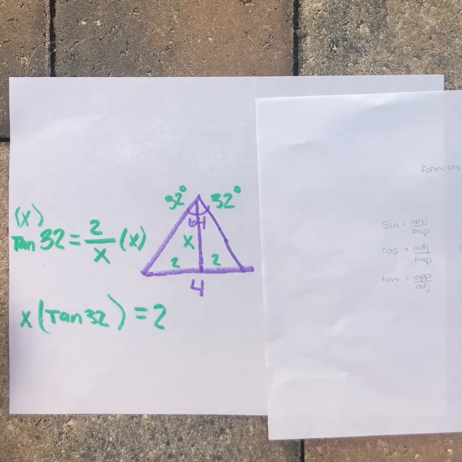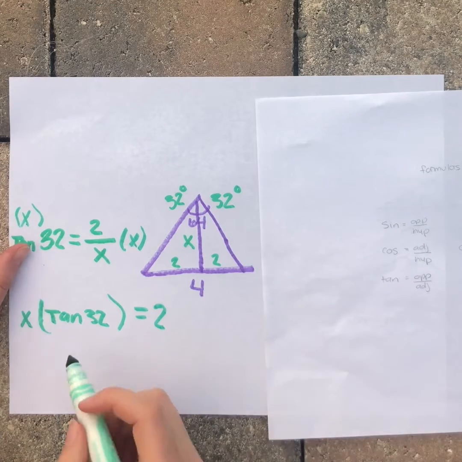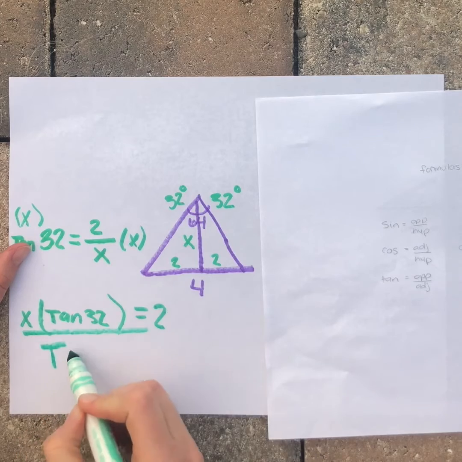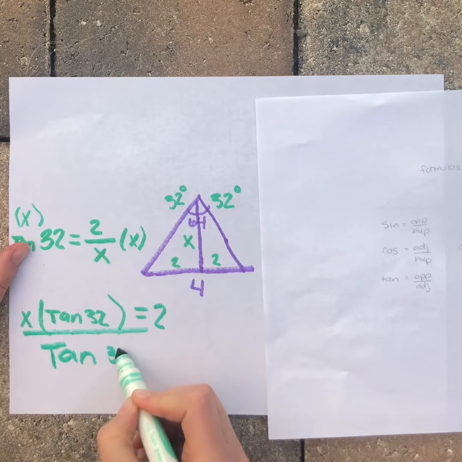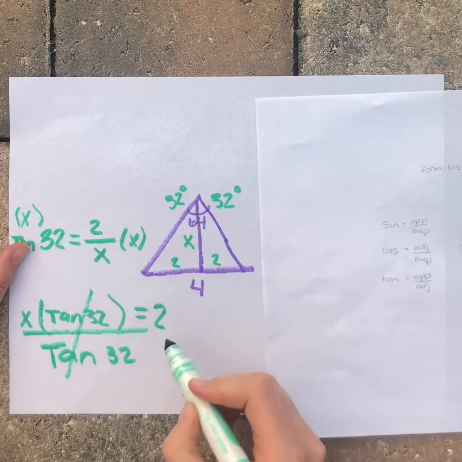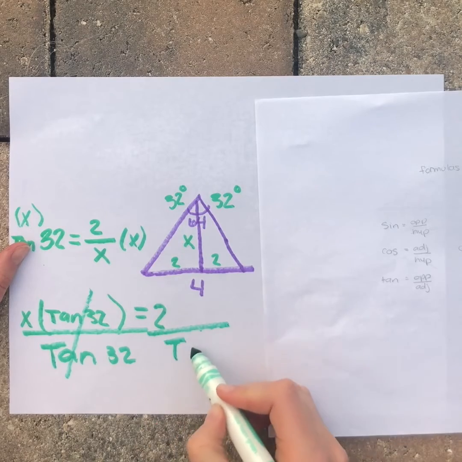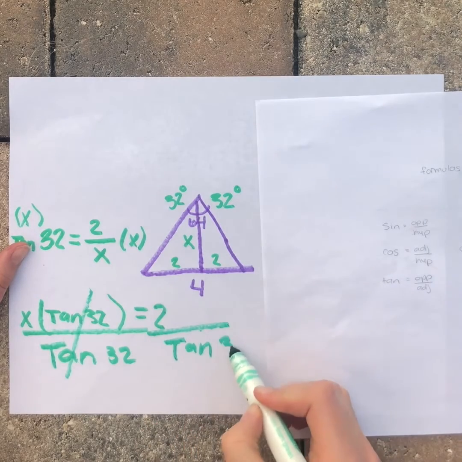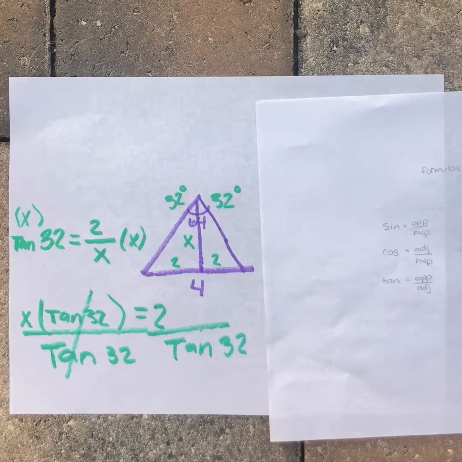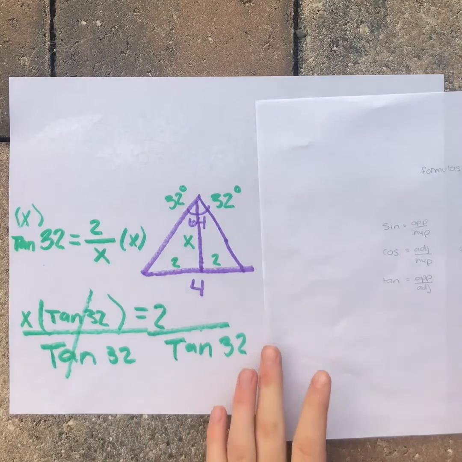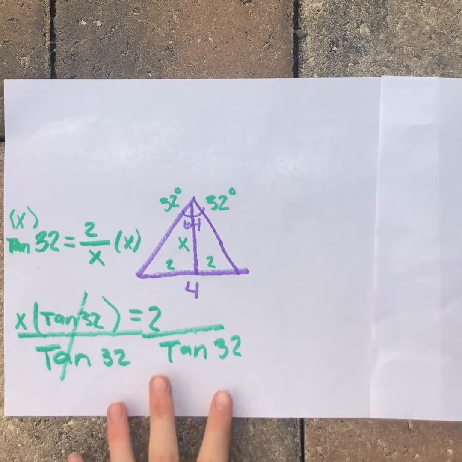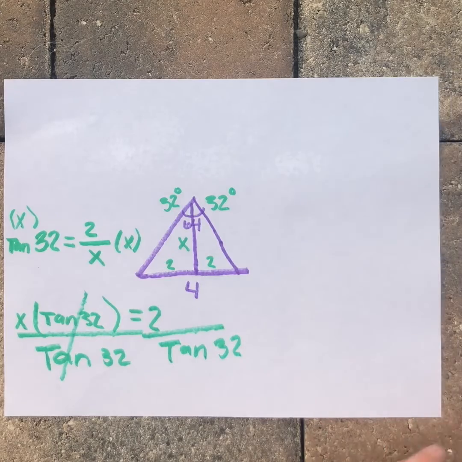But we still don't have x by ourselves yet. So we're going to divide by tangent of 32 to cancel it out, and divide 2 by tangent of 32. Now first, what I like to do in my calculator is solve for tangent.